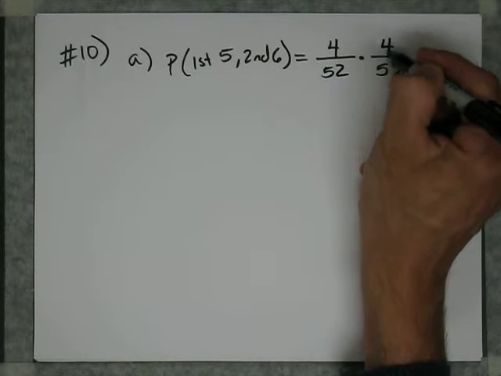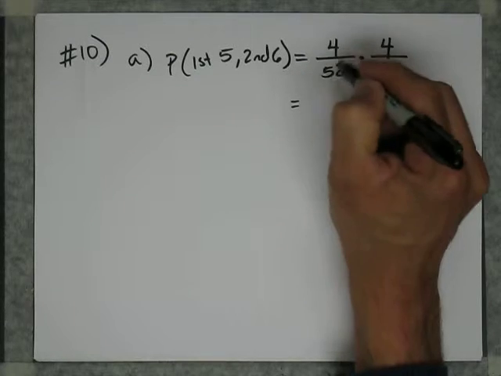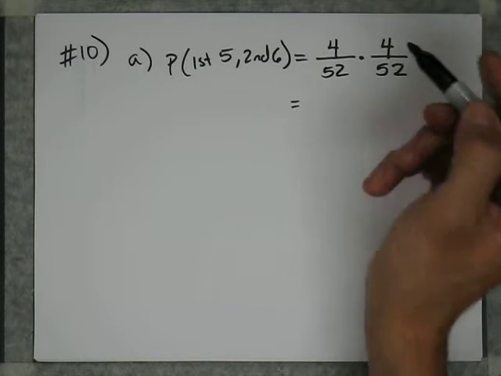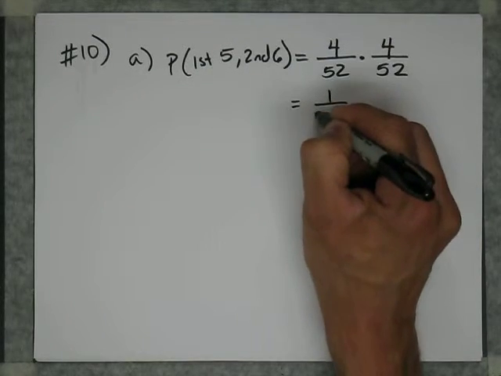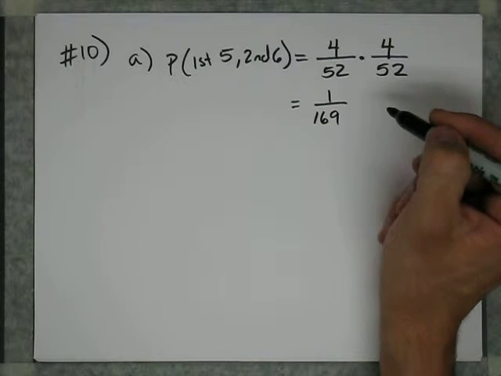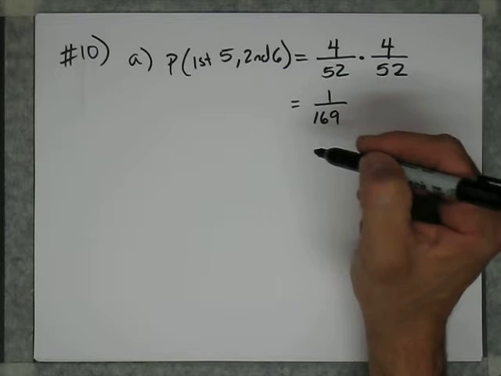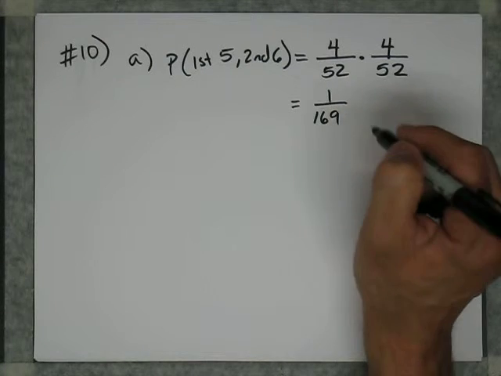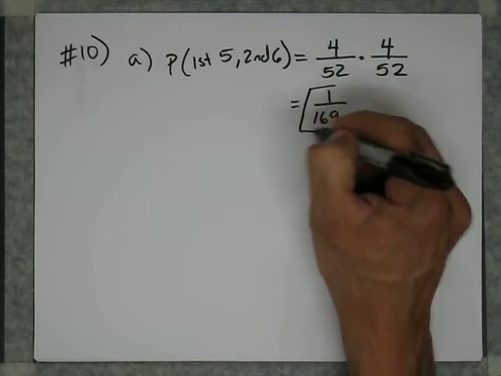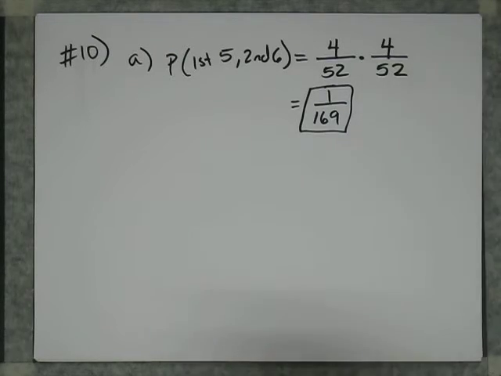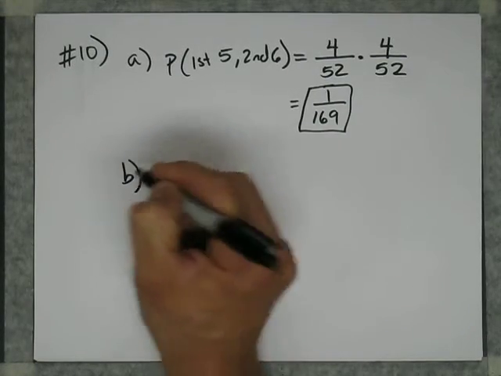There are 4. Now you can reduce, it's 1/13 times 1/13, which would be 1 over 169 for the probability. So not a very good probability that you're going to get a 5, and then a 6 after you replace and shuffle. I would not bet that much on that.